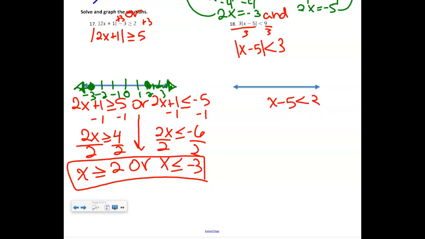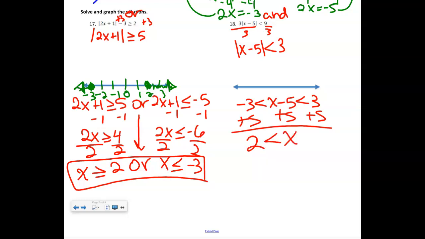We bring down that 3, and reminder, you just write that sign again, and you flip your number. Okay, so that's how we write it for the and. And then on both of these, we're going to add 5. Okay, so what we have now is 2 is less than x, which is less than 8.